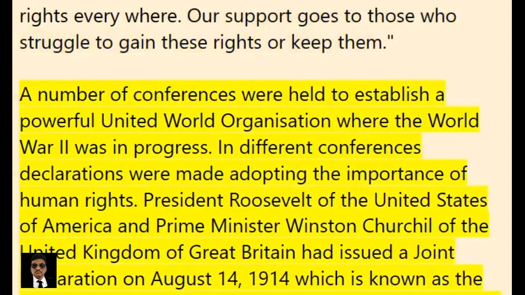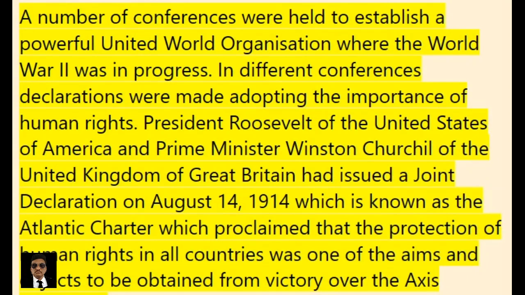A number of conferences were held to establish a powerful united world organization while World War II was in progress. In different conferences, declarations were made adopting the importance of human rights.